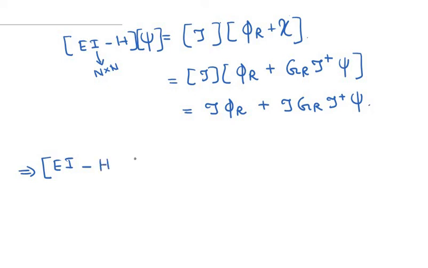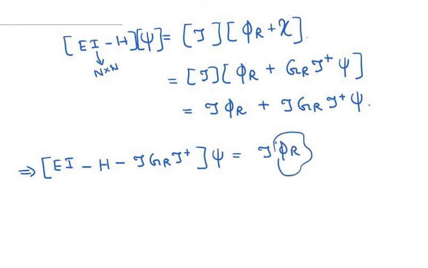So minus H minus tau g r tau dagger, psi equals to tau phi r. So remember that phi r is not the entire contact wave function, but phi r is basically the forward propagating wave function that hits the channel, and the wave function that is scattered by the channel into the contact. This is basically this wave function x over here.